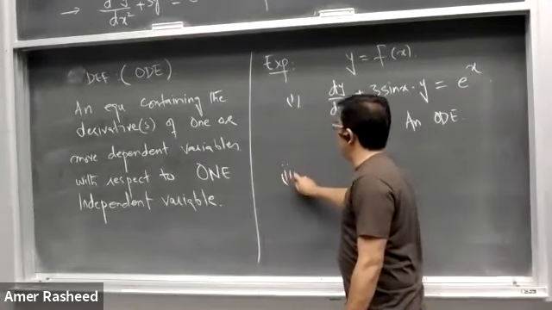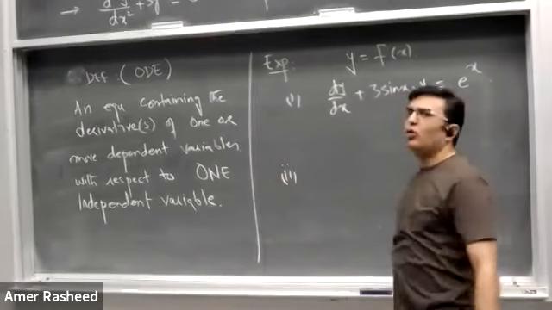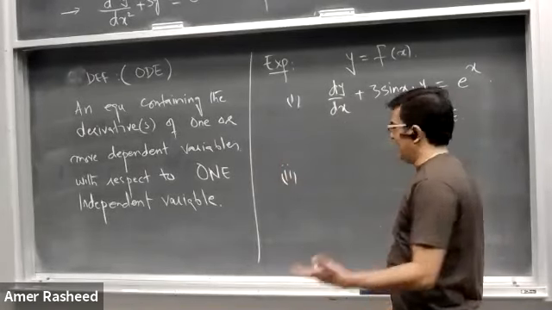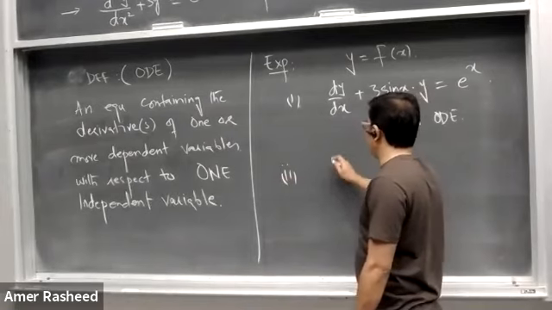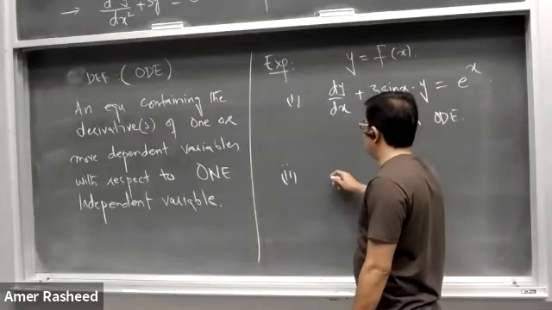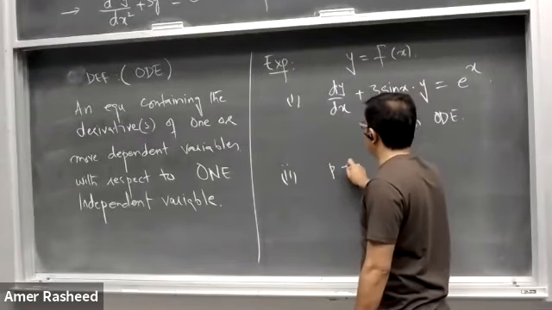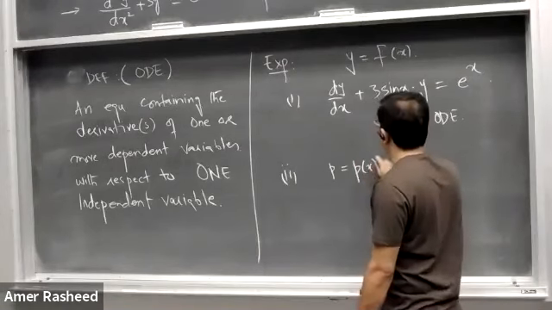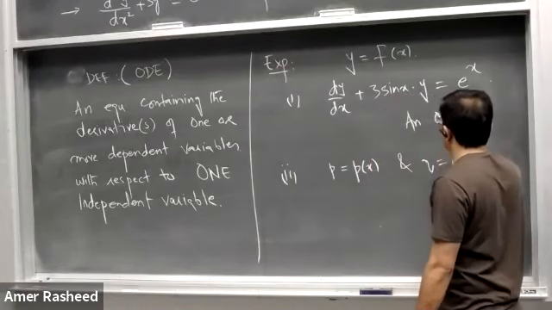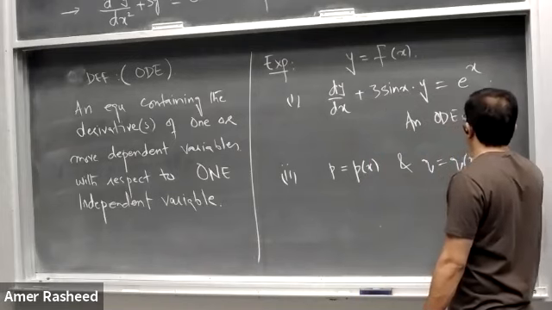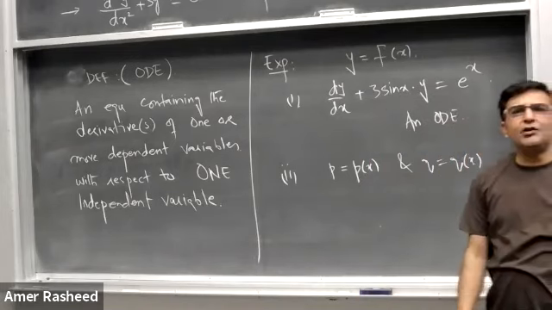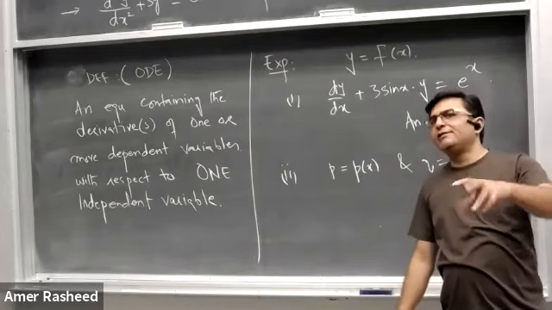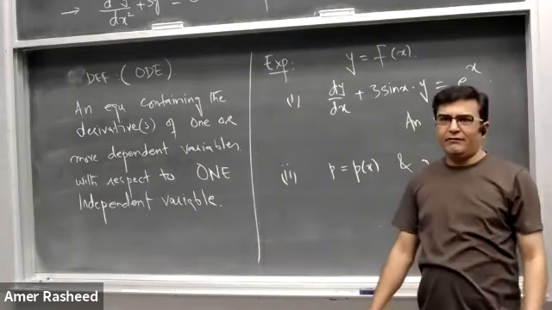So it involves only one dependent and one independent variable. There could be another example in which we can have more than one dependent variable. For example, P is equal to P of x and Q is equal to Q of x. These are two functions, P and Q, two dependent variables, but only one independent variable.